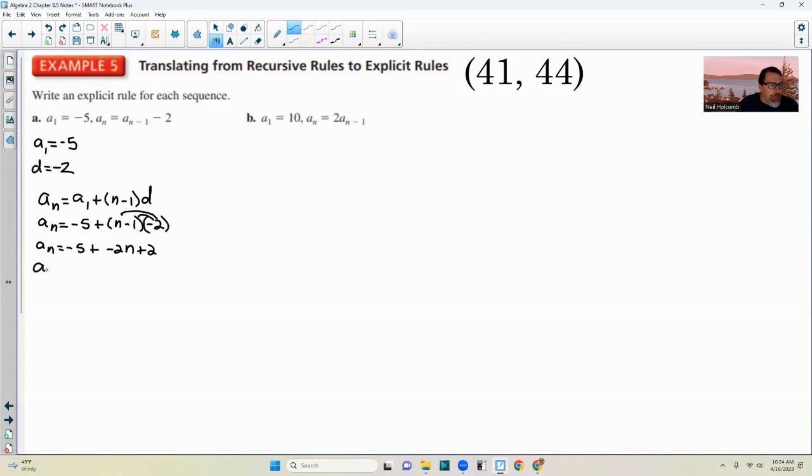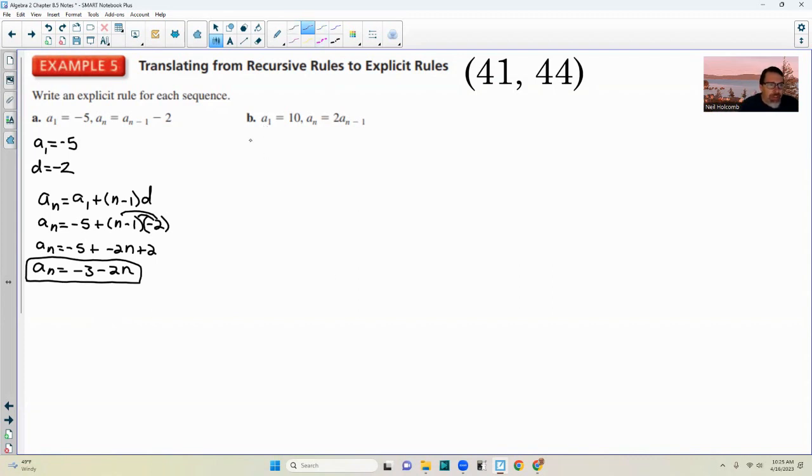So now that's going to simplify because I have a -2n and a -5 plus 2 is -3. We don't ever want double signs when we're done, so plus a negative is -2n. So our explicit rule from the recursive rule and the first term is a sub n equals -3 minus 2n. Okay, so there's the explicit rule.